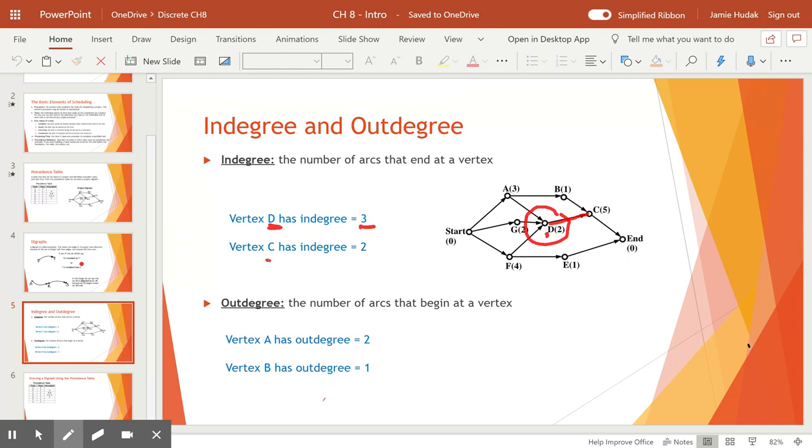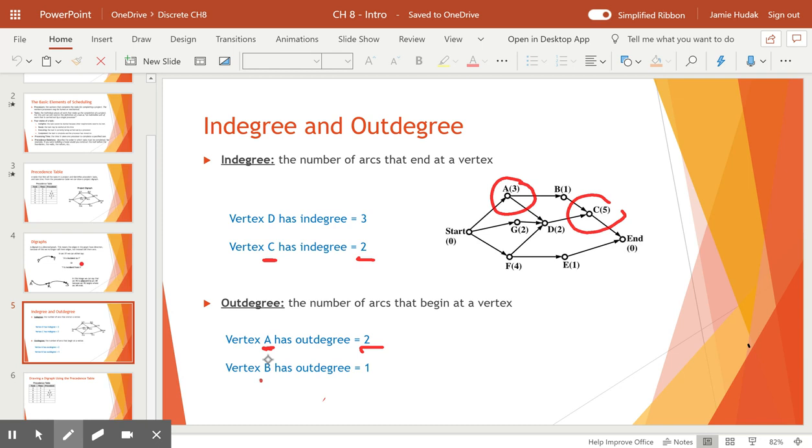The next one is vertex C. You would find vertex C and then say how many arrowheads are coming into C. And we see that looking at vertex C, there are 2 arrowheads coming into it, which is why it has an in degree of 2. Next is out degree, and if you look at vertex A, you say how many arrows are leaving from A, and you should see that there are 2 coming out from A. There's 1 coming into A. If we ask the in degree of A, it would be 1.